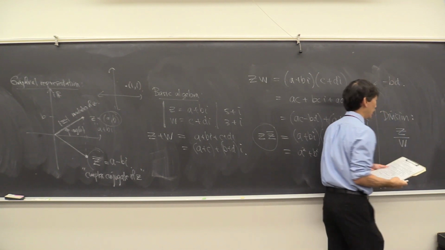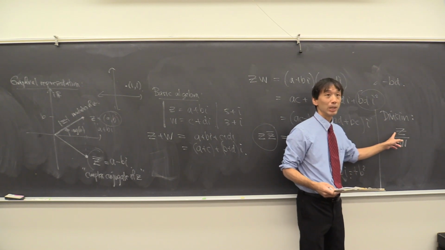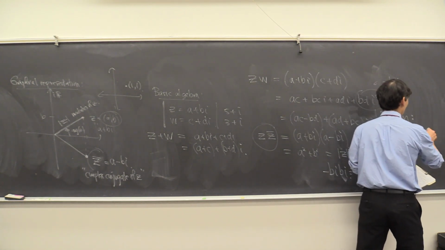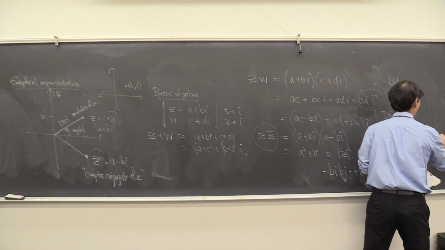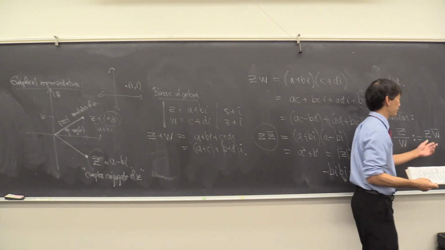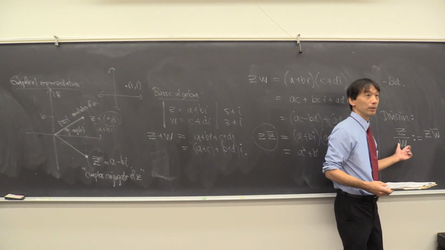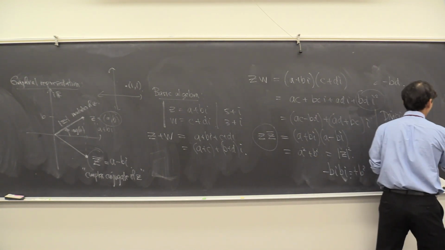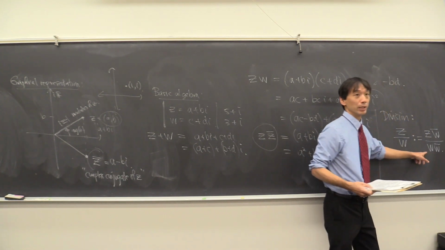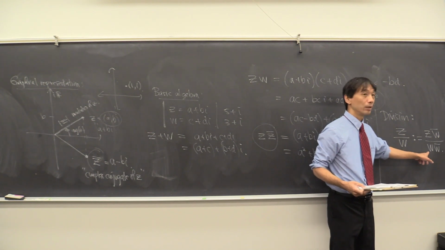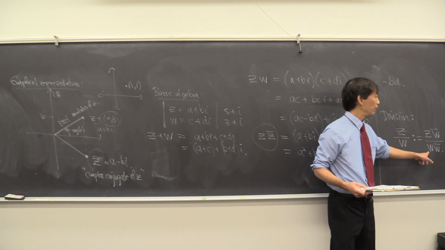If you're dividing a complex number Z by another complex number W, you define that as Z times the conjugate of W over the bottom guy, and then divide that by W times its conjugate.